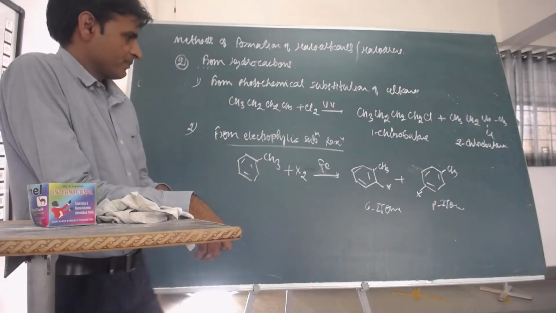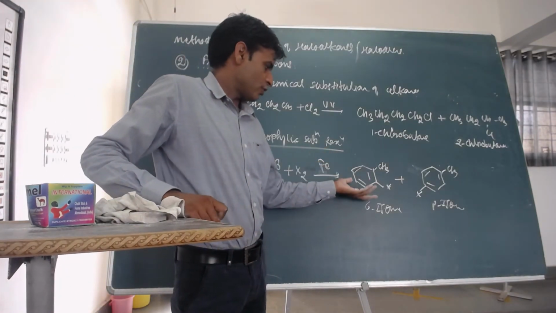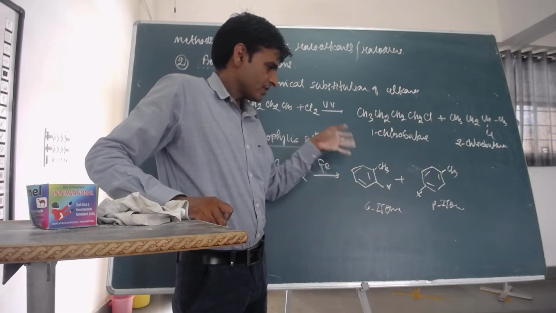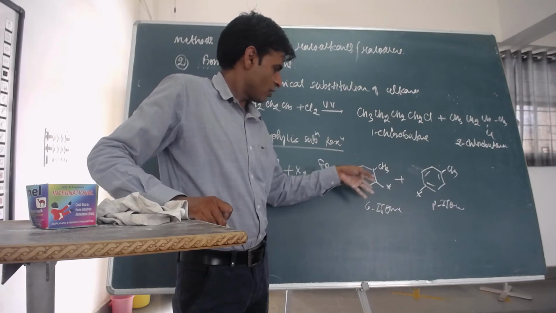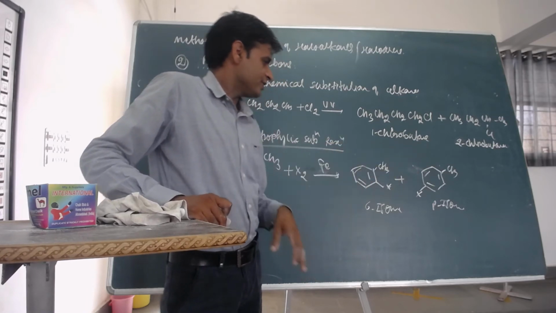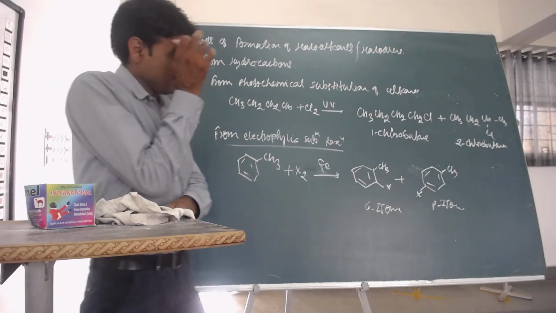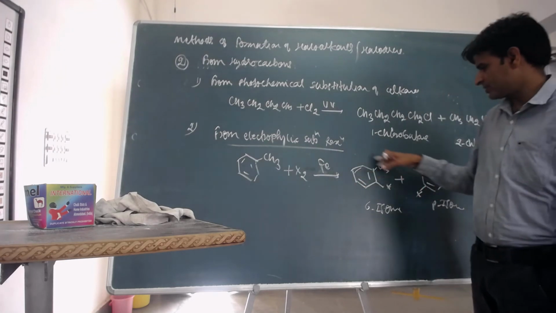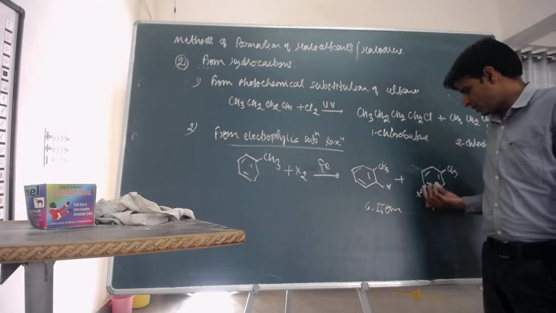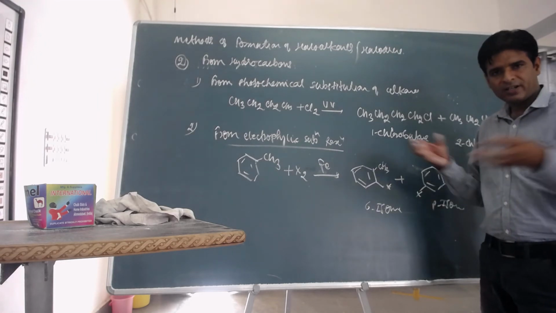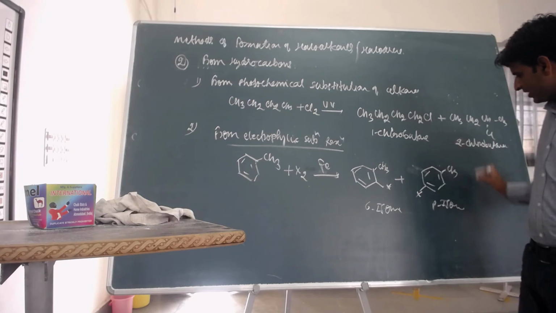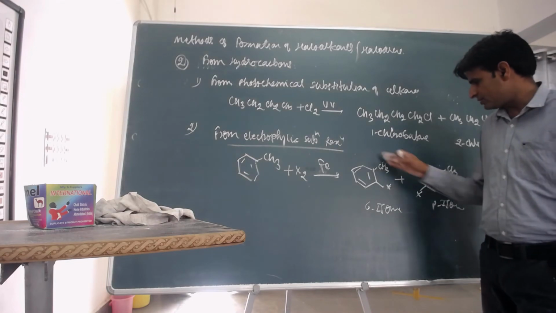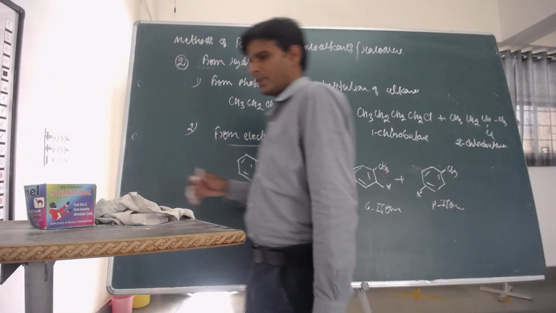The simplest concept is that they can be easily separated because there is a large difference in the melting points. Generally the para isomer has the higher melting point, but the ortho isomer has the lower melting point, because it is associated by intermolecular hydrogen bonding.